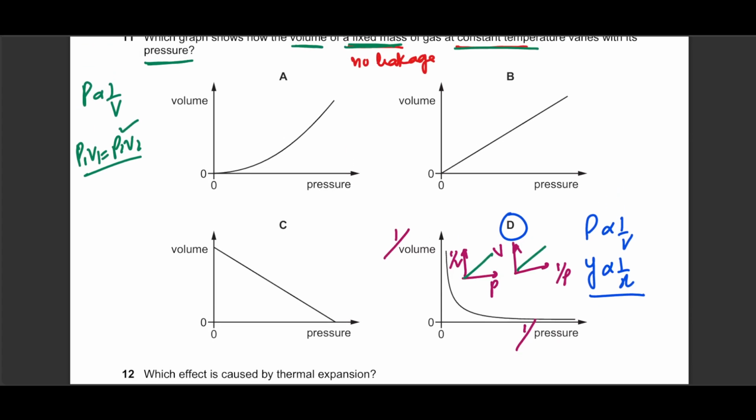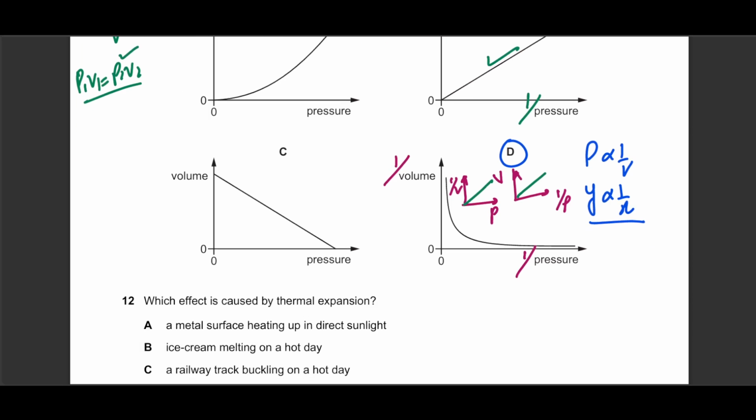That is also one of the options, option B. This would have been true if either 1 over V were on the y-axis or the x-axis, or either 1 over P were on the y or x-axis. Inverting one axis would give you this straight line. And this is again a characteristic of mathematics, that for an inverse graph, if you change one axis, then you will get a straight line.